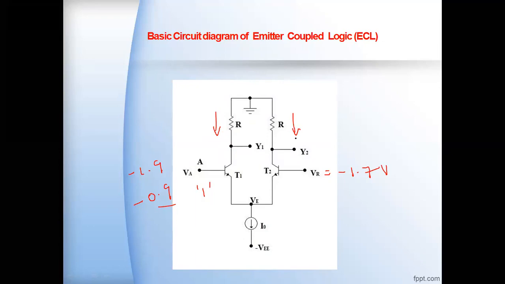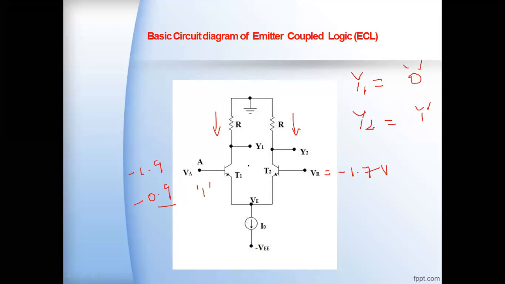And because of the less current, the voltage drop across this transistor Q2 is a small value. So therefore, the output at the T2 transistor is a lower value here. So now, when you apply the logic 1, the Y1 output is at the logic 0 state and Y2 is at logic 1 here.